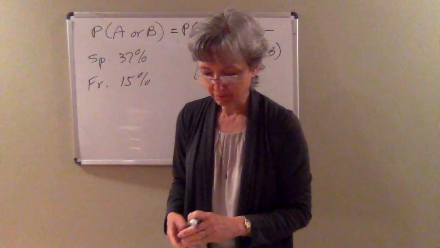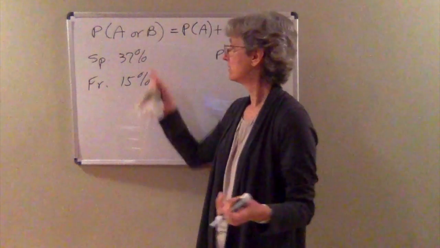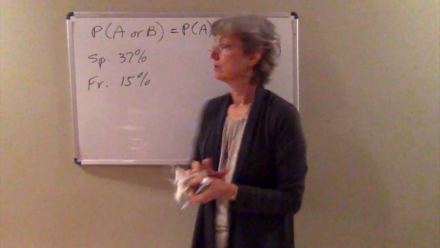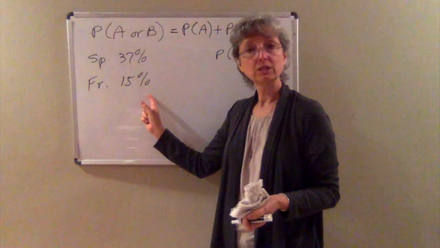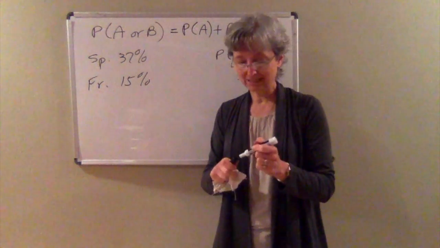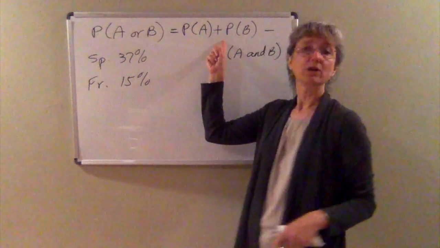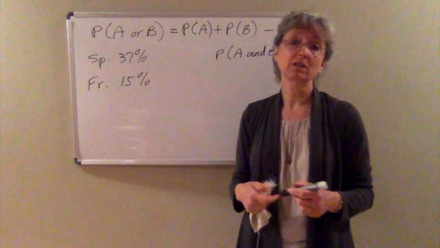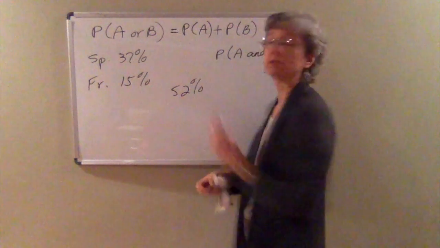What is the probability that a student chosen at random from the school is taking either Spanish or French? 37% for Spanish, 15% for French. To find the probability that a student chosen at random is taking either Spanish or French, you add those up. So it's 37% plus 15%, 52% probability. You just add those two probabilities together.